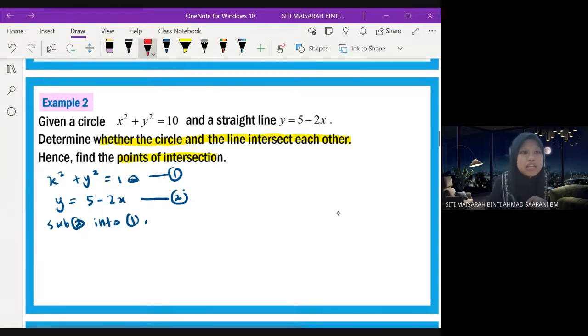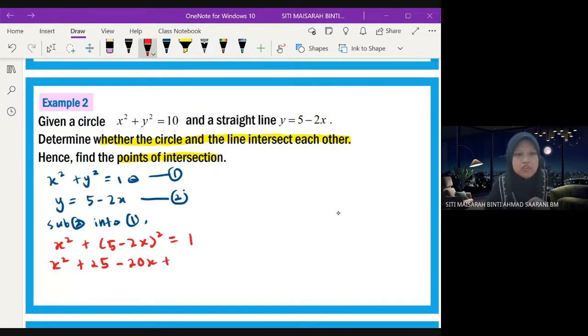So then we get x square plus 5 minus 2x square is equal to 1. So then we x square, we get x square plus 25 minus 20x plus 4x square minus 1 is equal to 0.